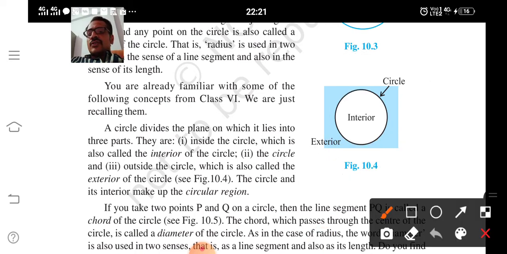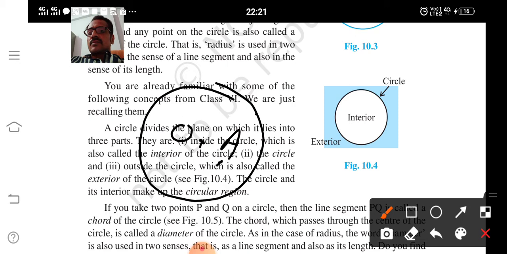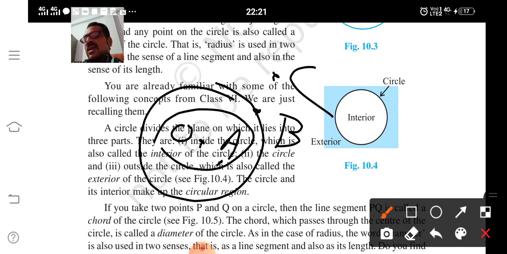If I ask you a few questions, suppose I am having a few points. Now tell me, are points O and A interior of the circle, on the circle, or exterior of the circle?